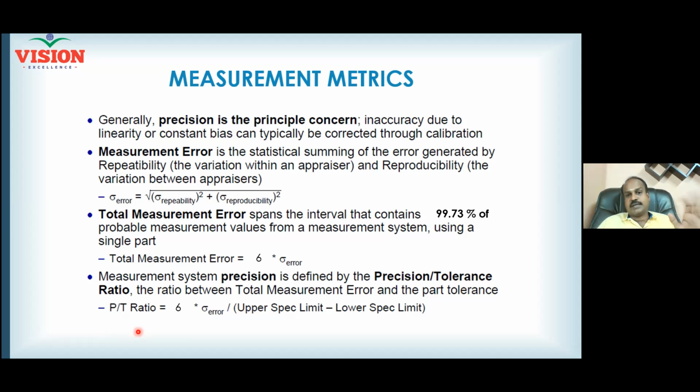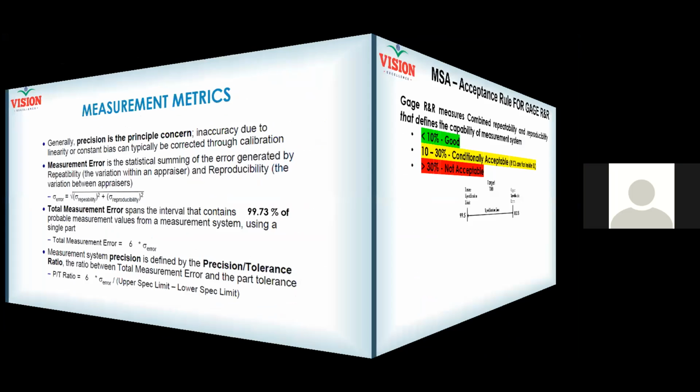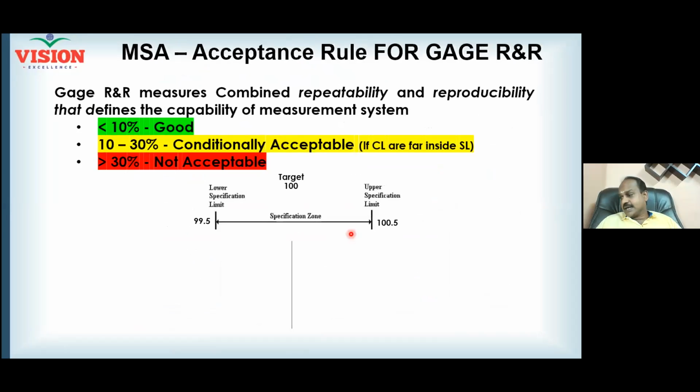All of you understand what is gauge R&R? You understand? Yes, sir. Precision tolerance ratio. I have taught you how to measure the precision value and tolerance value. And now, if this gauge R&R, the precision tolerance ratio, is less than 10%, your measurement system is good. But if it is 10 to 30%, it is conditionally acceptable.